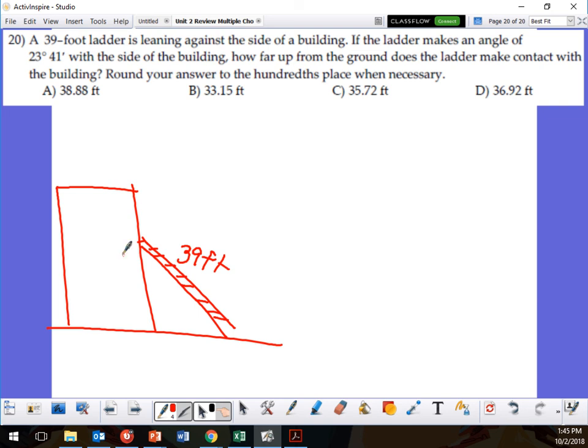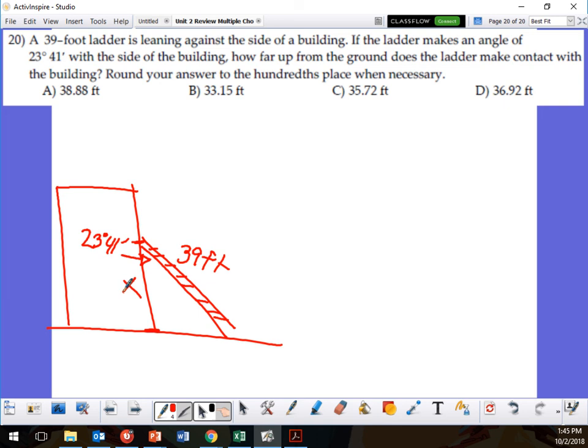So that means this one right here is my 23 degrees, 41 minutes. How far up from the ground does the ladder make contact with the building? So how far is it from here to here? Round your answer.